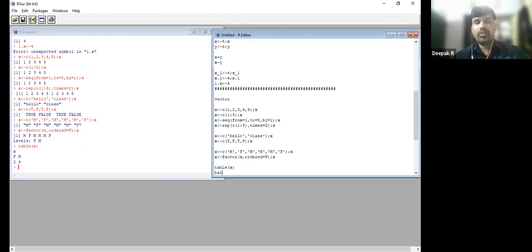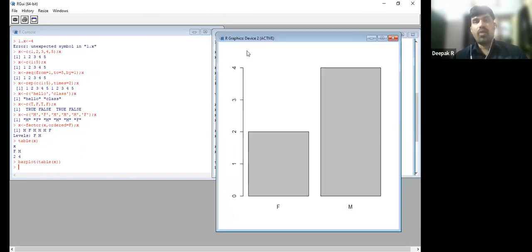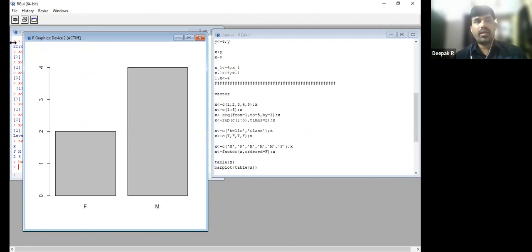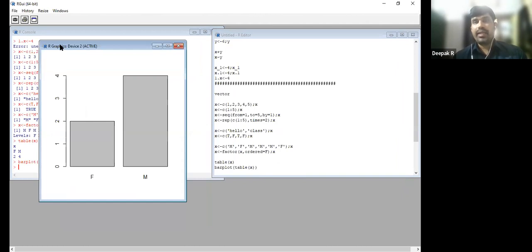And then it is possible for us to come up with the bar plot, wherein I will be able to say how many male are there, how many female are there. Whenever we come across research and whenever we are collecting some data, we have certain descriptive statistics, we have some questions which are nominal based.